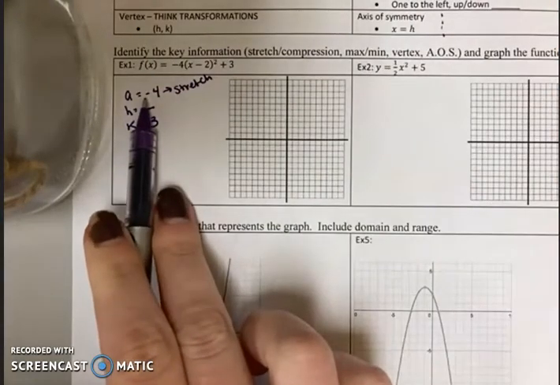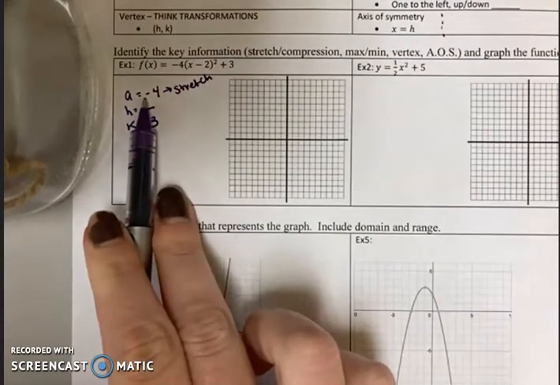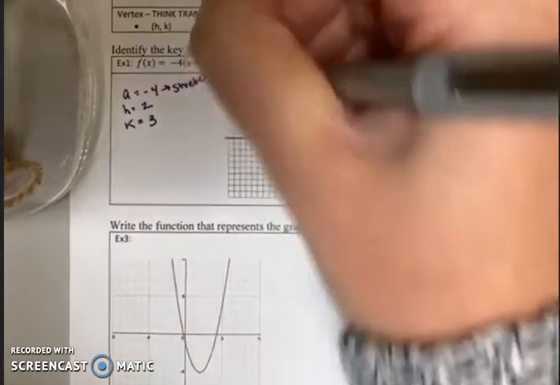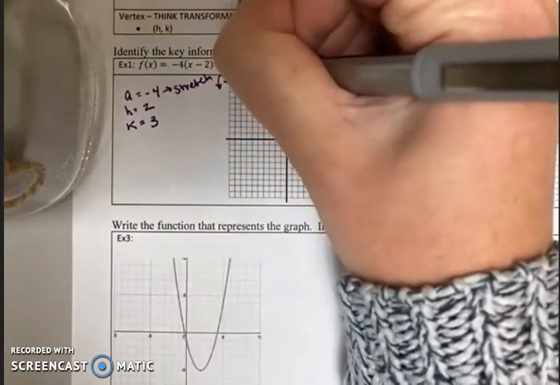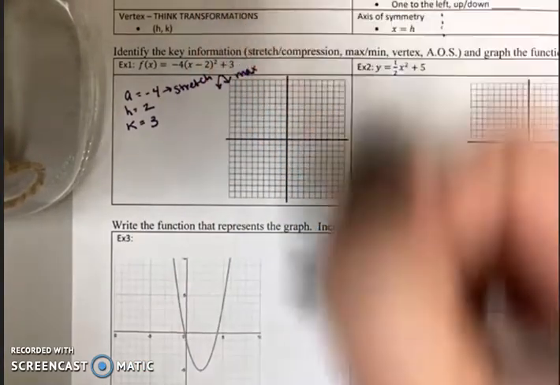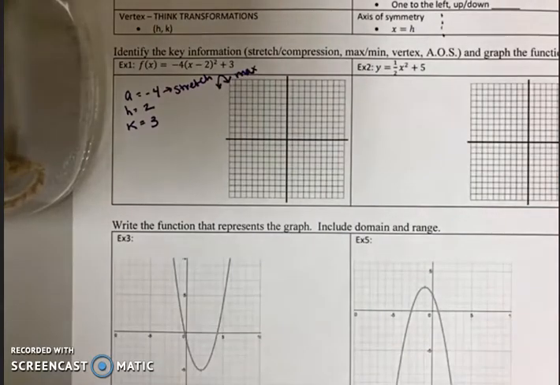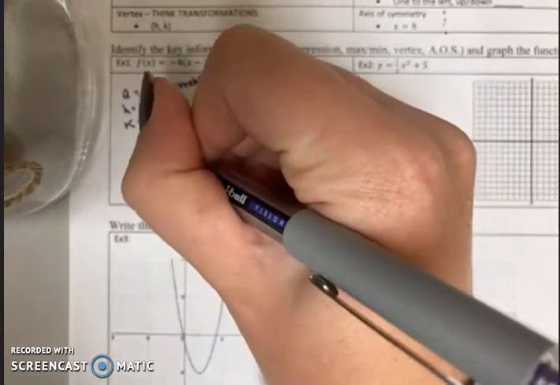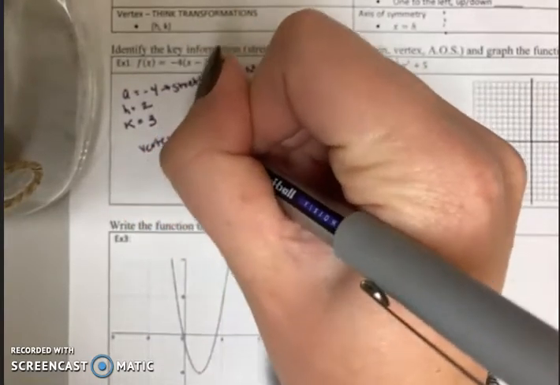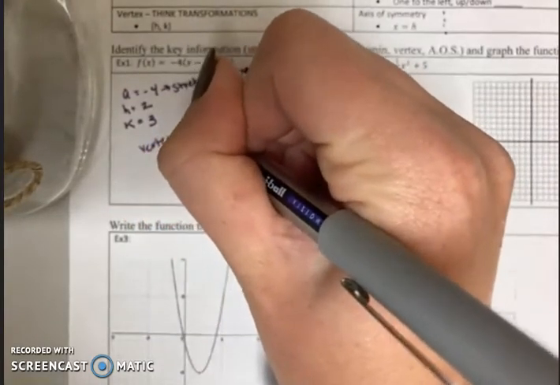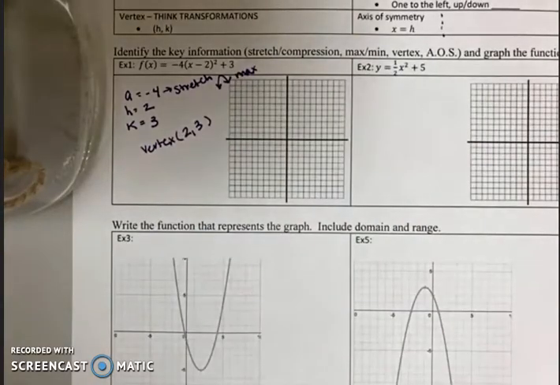The negative tells me that it's going to open down, or I'm going to have a maximum. That maximum is called a vertex, and the vertex is always written in the form h comma k, or in this case, 2 comma 3.